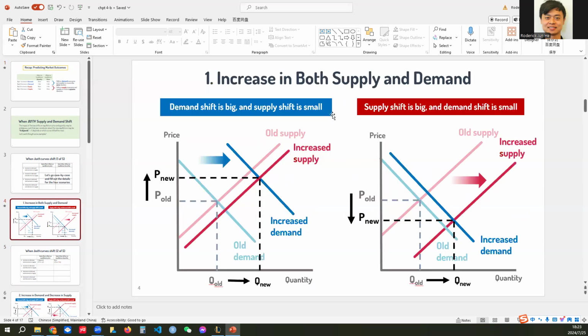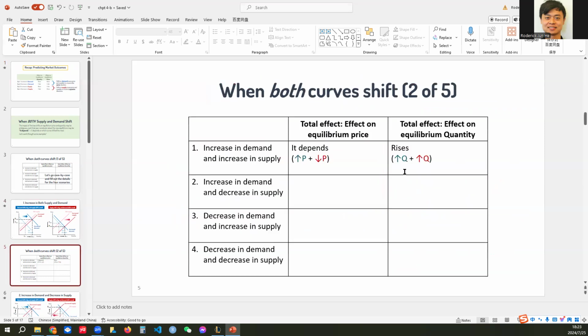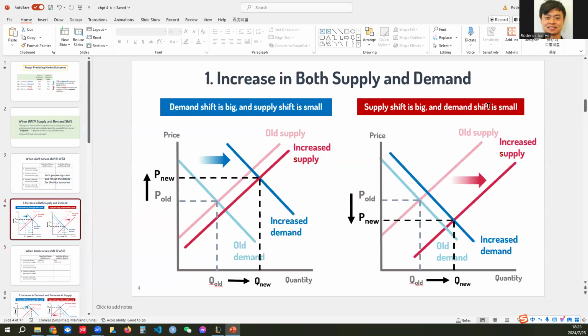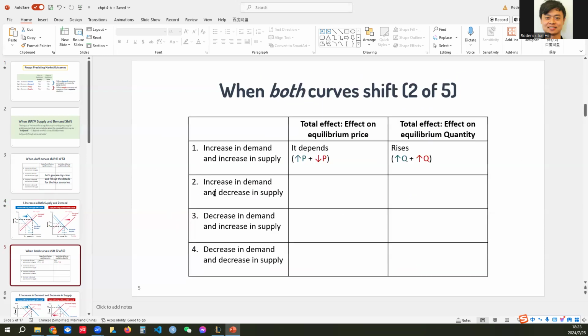So here, let's look at case one. We have an increase in both supply and demand. The consequence of an increase in demand is price will increase, quantity will increase.